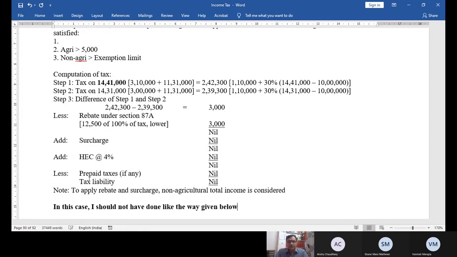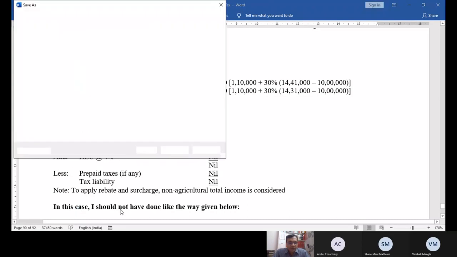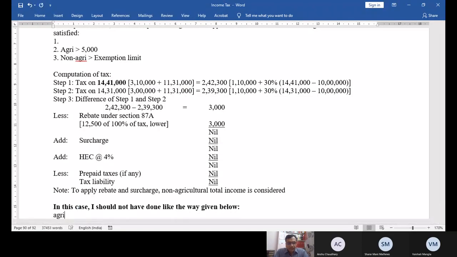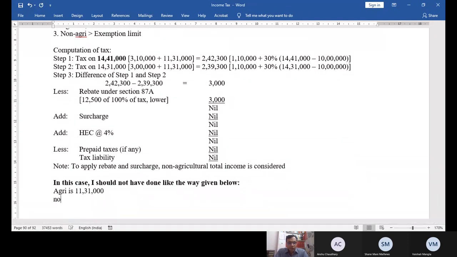In this case, my agricultural income is 1131, my net agricultural is 1131, and my non-agricultural is 3,10,000.